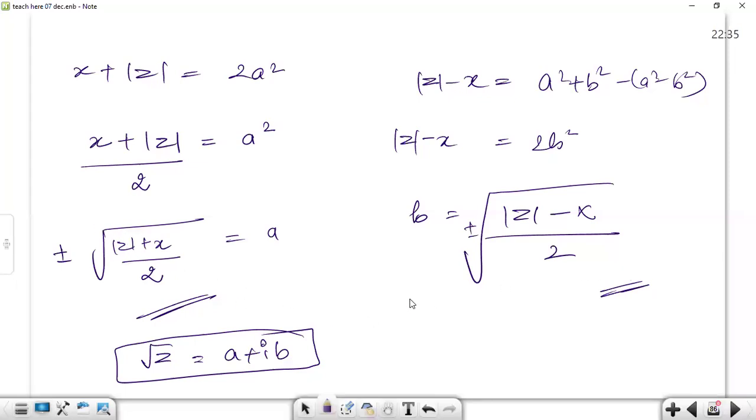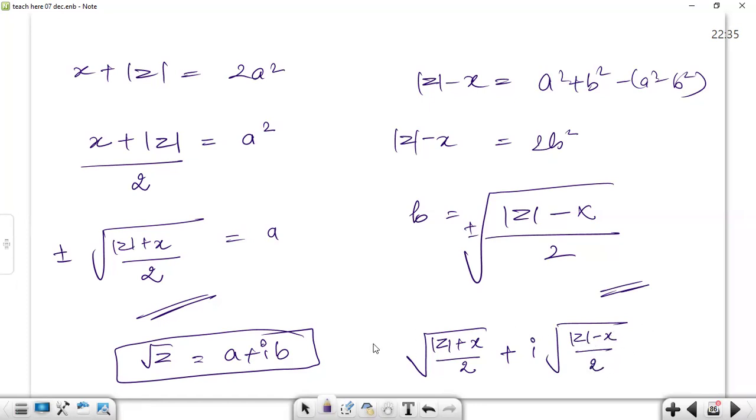So we can rewrite the solution as a will become the square root of modulus of z plus x divided by 2, plus iota times b, where b is the square root of modulus of z minus x divided by 2.